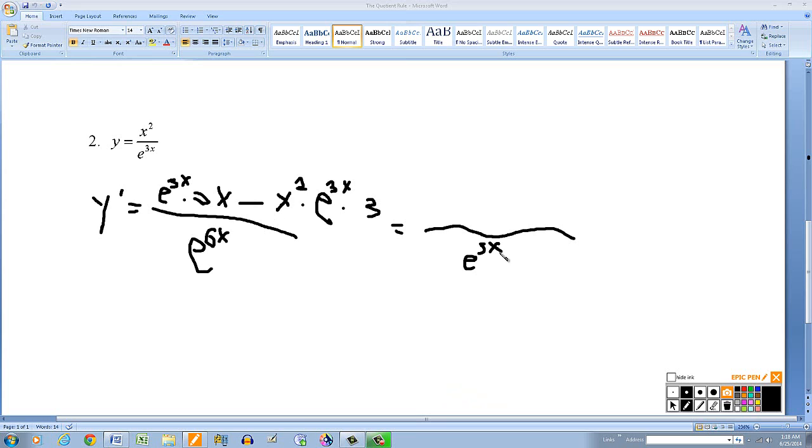And in the numerator, because I canceled the e to the 3x, this would just give me 2x minus, still have 3, and the x squared. So the derivative of this function is 2x minus 3x squared over e to the 3x.